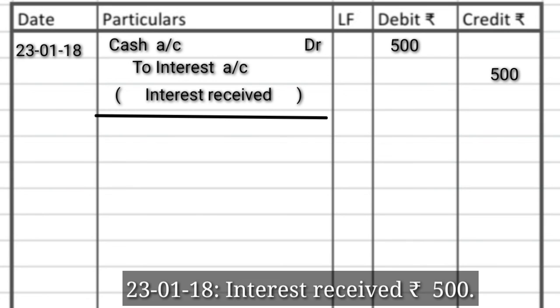Okay. This is the way we are making journal entries through the modern approach. For making journal entries, you can use the concept behind the rule of debit and credit or this modern approach.